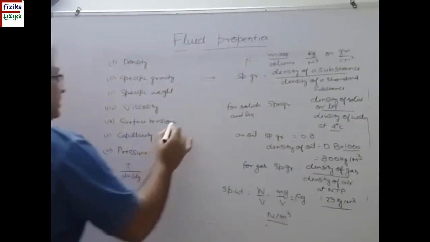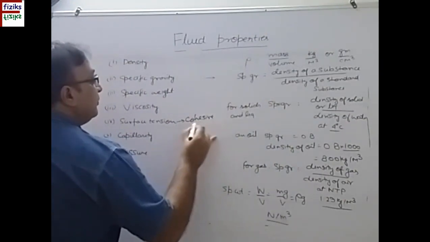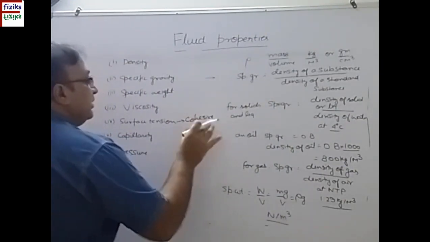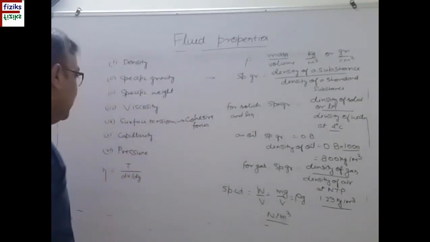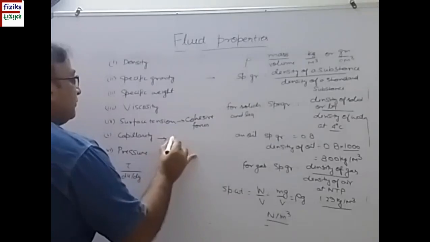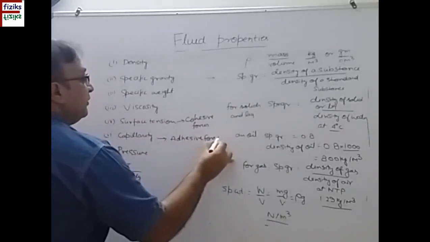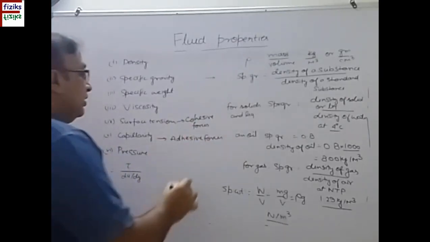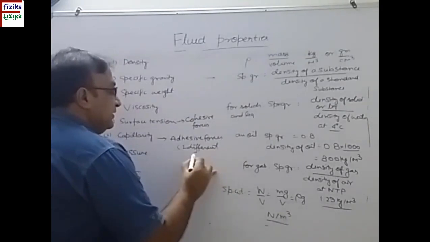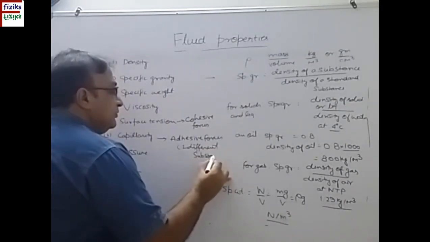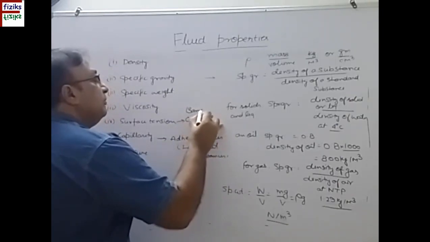So surface tension is because of cohesion or the cohesive forces, that is the forces which are present among the molecules of the fluid. And capillarity is because of adhesive nature, adhesive forces, the forces which are present among two different substances. And this is regarding molecules of same substance.